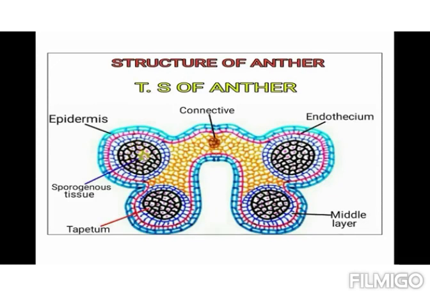They join together and that structure is called a tetrad, and afterwards they get free and are called microspores, which are haploid. Thank you.